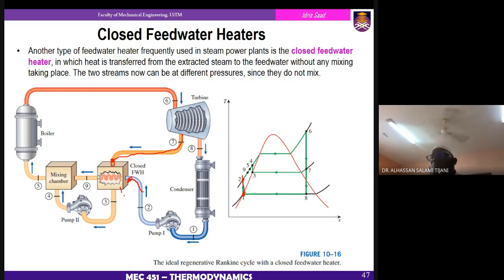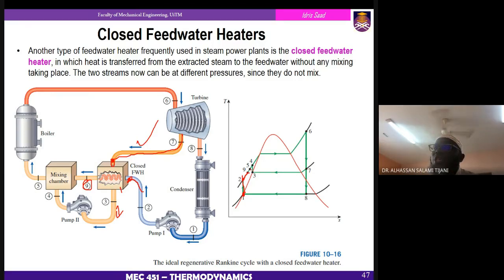That's the closed feed water heater. So its temperature will be elevated gradually up to state 9. Its temperature is increased. And the temperature of this fluid will be decreasing. All right? So it will be increasing up to state 9.